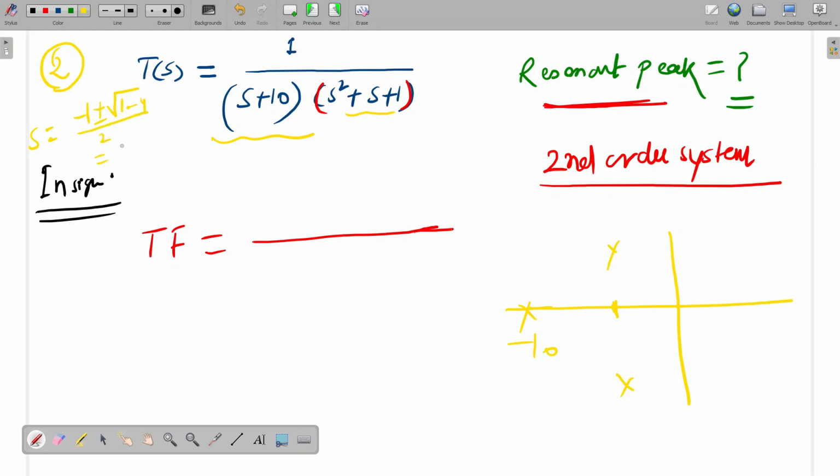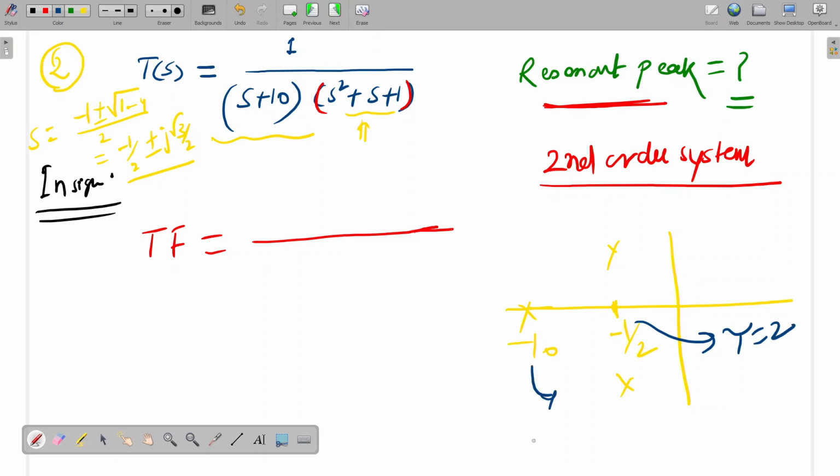So that will be minus 1 by 2 plus minus j root 3 by 2. This is for this one. So the real part will be minus 1 by 2. What will be the time constant for this one? That will be minus 1 upon the real part of this pole. So the time constant will be 2 for this one.